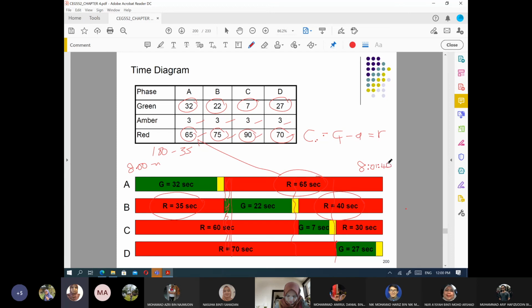So ni pukul 8, jadi pada pukul 8 1 minit 40 saat dia akan habis dia punya cycle. Sebab kita tahu cycle dia untuk semua fasa A, B, C, D adalah 100.